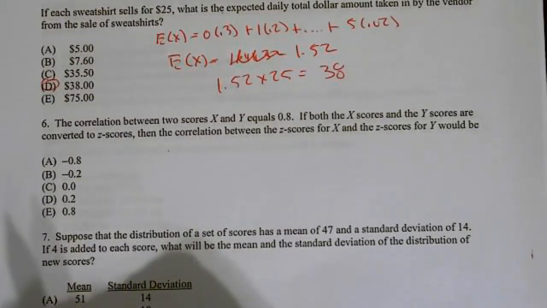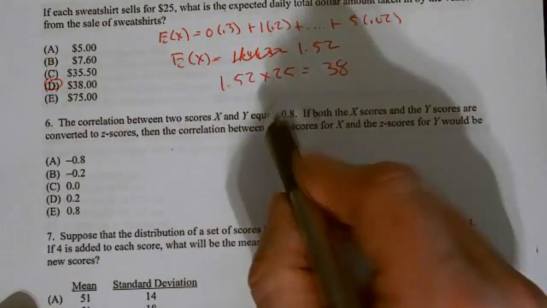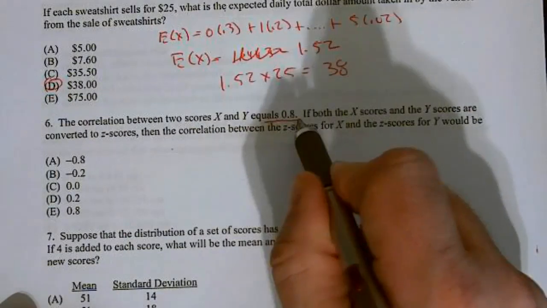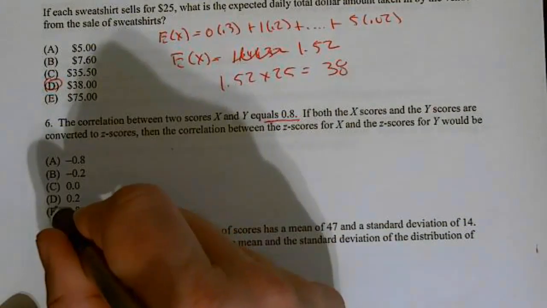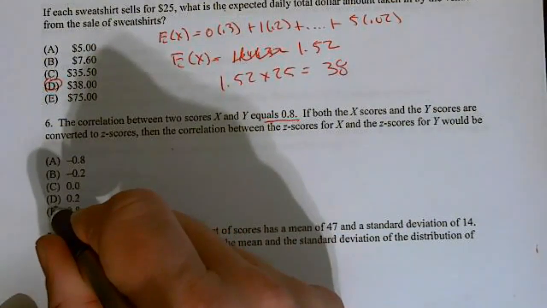If you subtract a constant, Z-scores are not impacted. So the relationship between them will remain the same. So in this case, correlation is 0.8. So guess what? Because the Z-scores aren't impacted, the correlation doesn't change, and number 6 is going to be E.